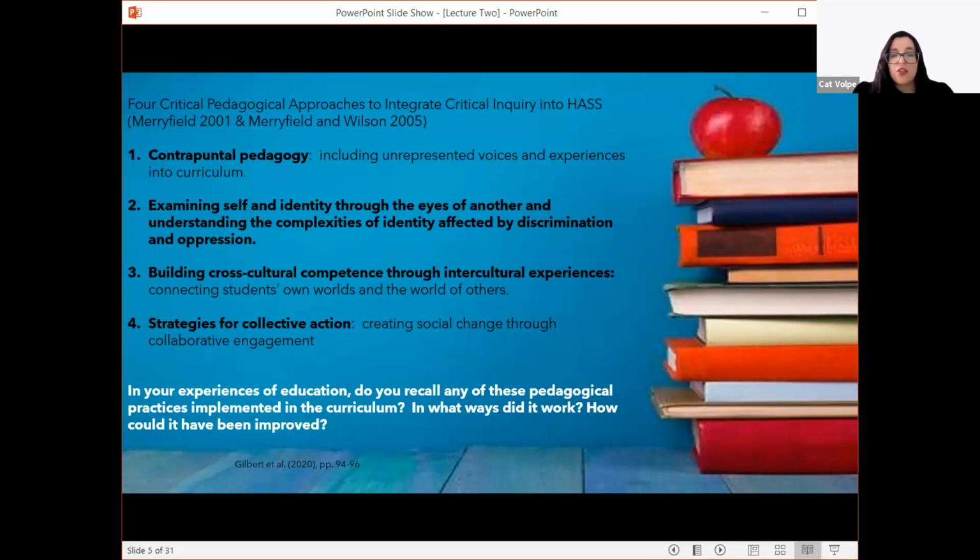And we'll see this very much through the curriculum in HSIE HASS subject areas, so it's not really hard to do that at all. Building cross-cultural competence through intercultural experiences, so connecting students' own worlds with the world of others.